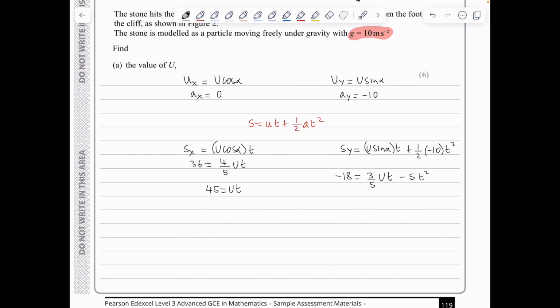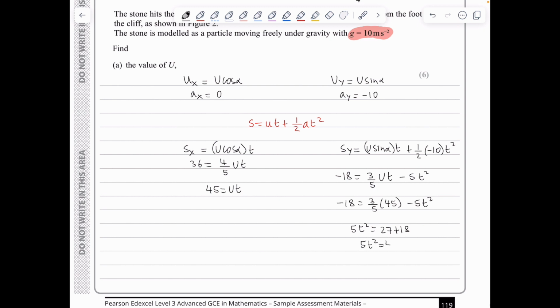Now I will substitute the ut with 45, so this will take me to -18 being equal to 3/5 times 45 minus 5t squared, which means that 5t squared is equal to 27 plus 18. So we get that 5t squared is equal to 45.